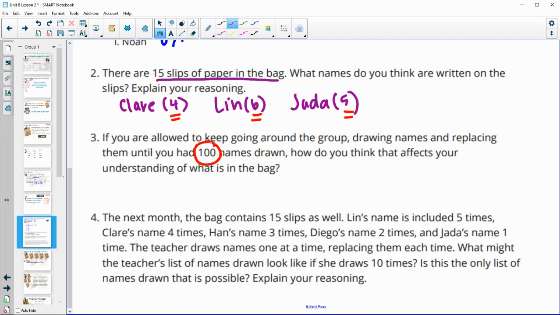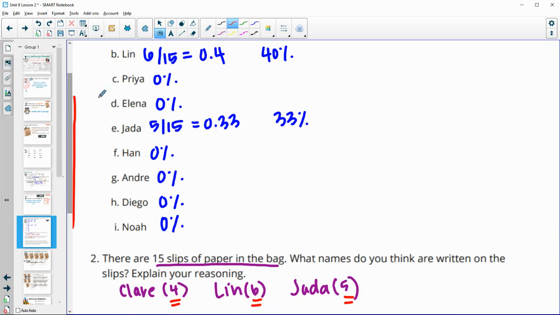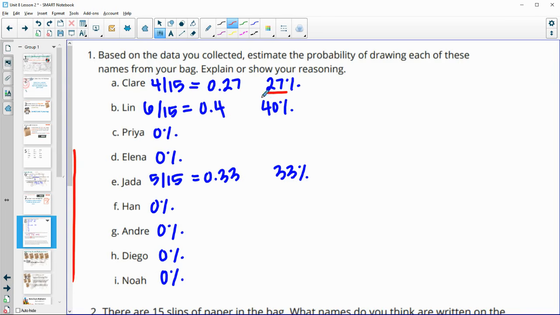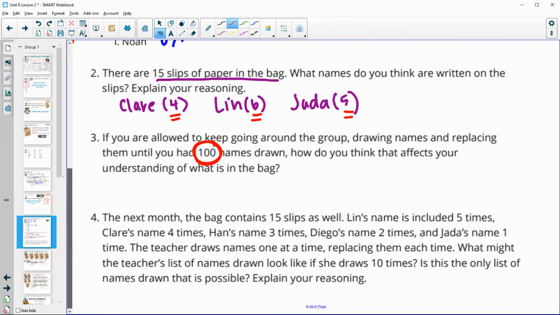But if we drew out 100 names, it would keep showing us more and more about the actual names. We would get more data about what is in the bag, and we would get closer and closer to being able to identify based on these probabilities whose names are actually in the bag and how many times. So we just get closer and closer estimates.